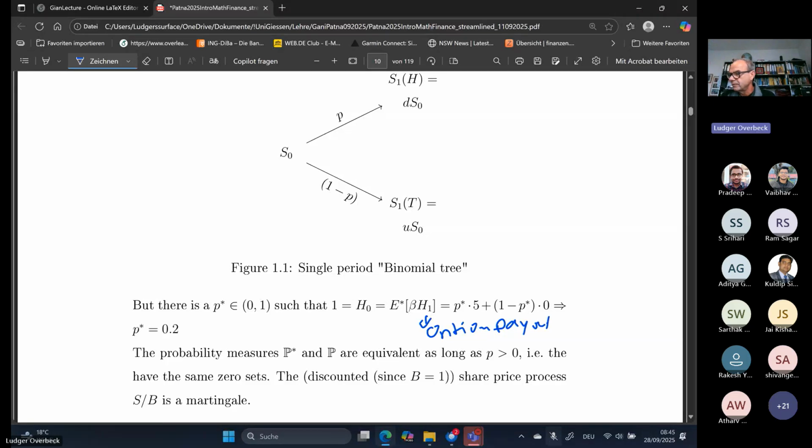you weight by the probability P star, and you get that the price of this call option is actually an expectation under a certain constructed measure, not a statistical measure, but still an expectation under what's called the pricing measure, the risk-neutral measure, the arbitrage-free measure.